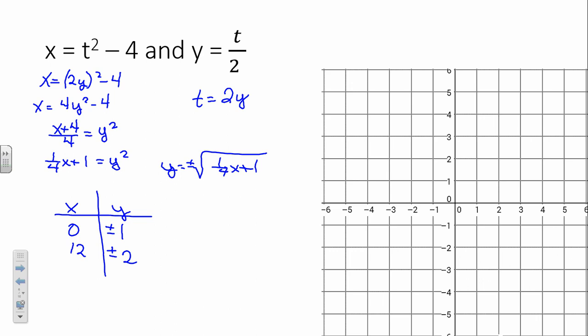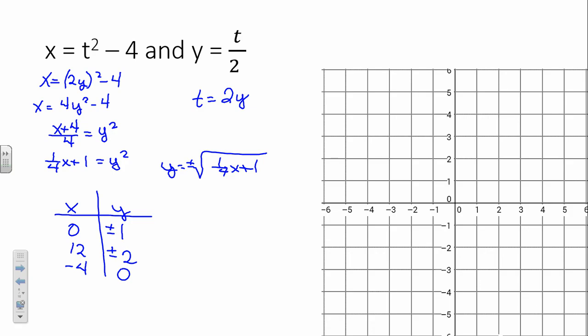That isn't going to be so big, right? Okay. What about a negative 4? Is negative 4 going to fit in our graph? Because negative 4 times a fourth is a negative 1. Negative 1 plus 1 is 0, right? Square root of 0 is 0.